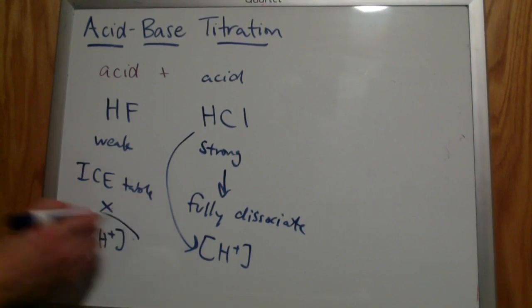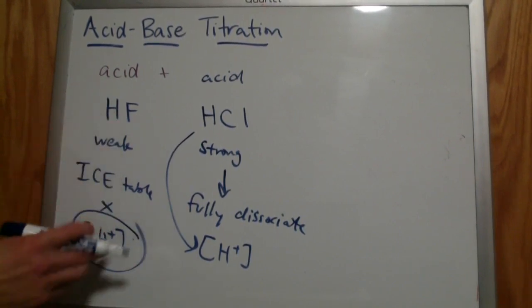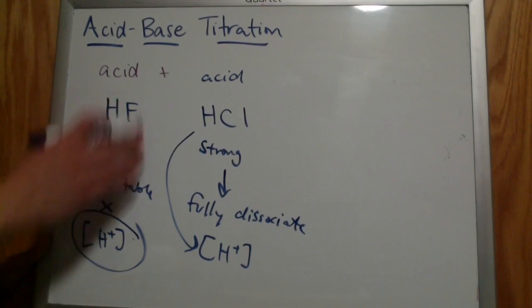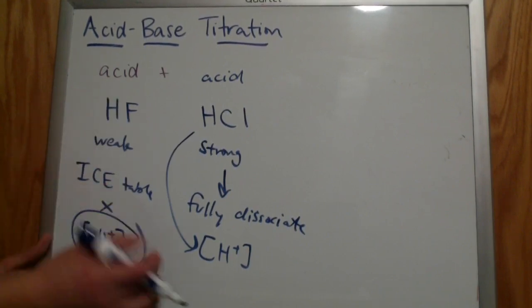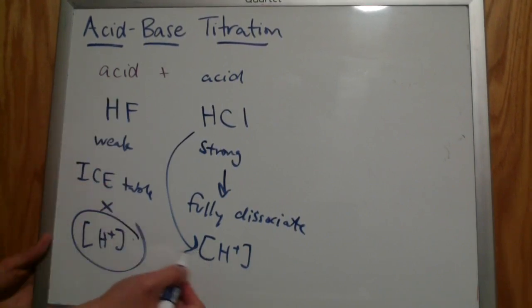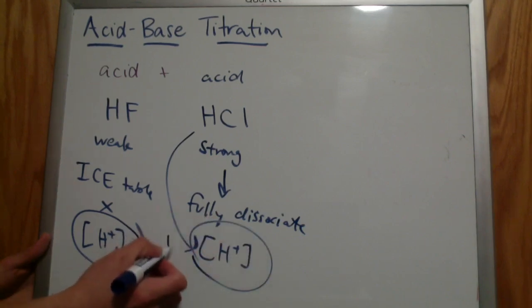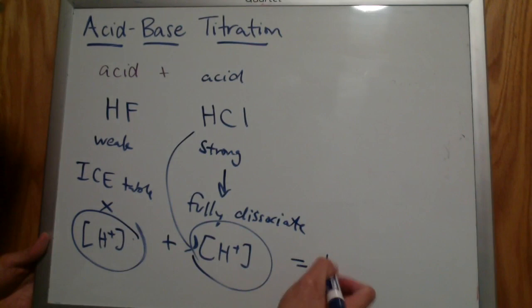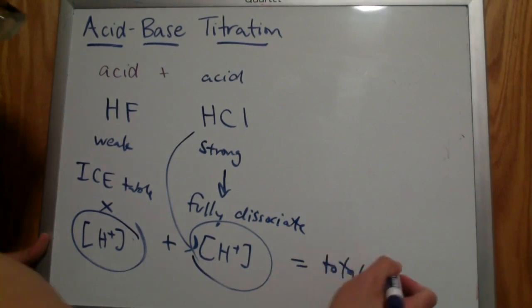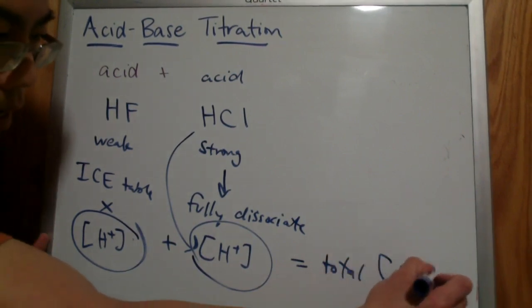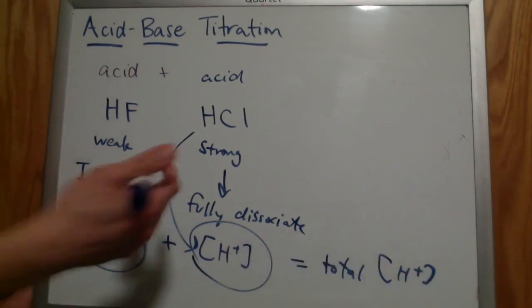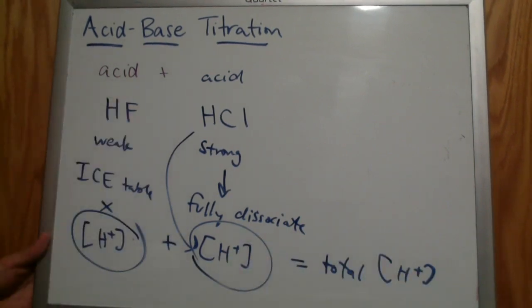And then we would add the H plus concentration that we determined from the weak acid using the ice table to the H plus concentration from the HCl, and that would get us the total H plus hydrogen ion concentration, and then we can negative log that to get the pH of the overall solution.